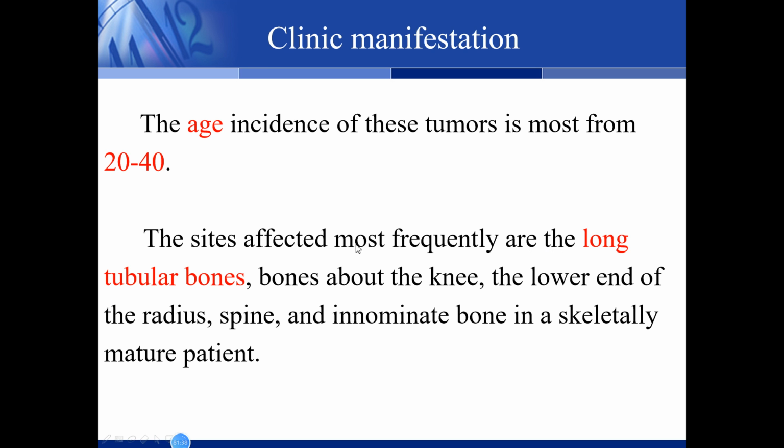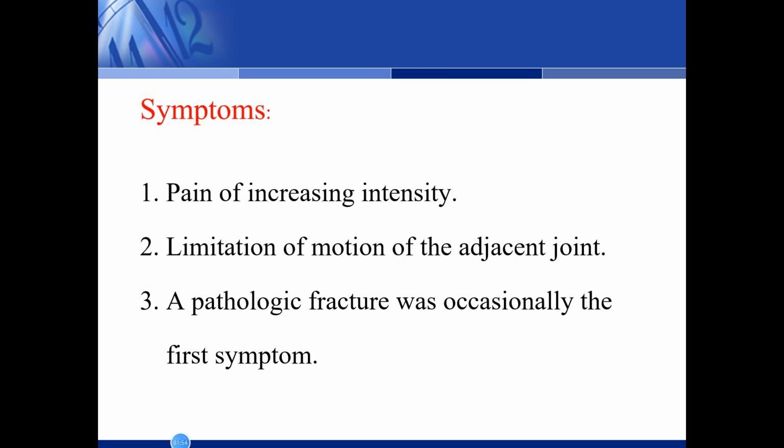That's most frequent in the long bone: bones about the knee, the lower end of the radius, spine, and innominate bone in a skeletally mature patient. The symptoms: 1. Pain of increasing intensity. 2. Limitation of motion of the adjacent joint. 3. A pathologic fracture is occasionally the first symptom.